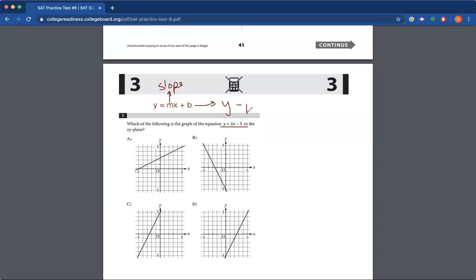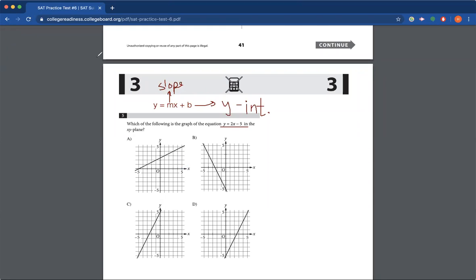The y-intercept is basically where it crosses on the y-axis. For example, this has a y-intercept of 2.5.